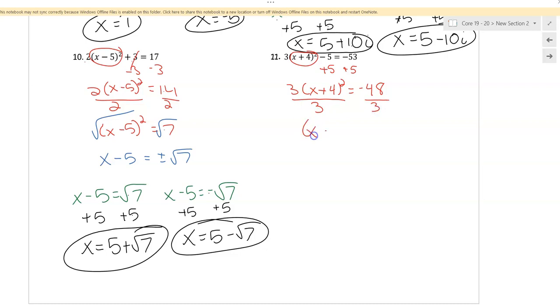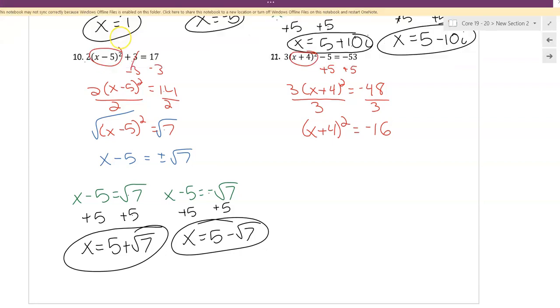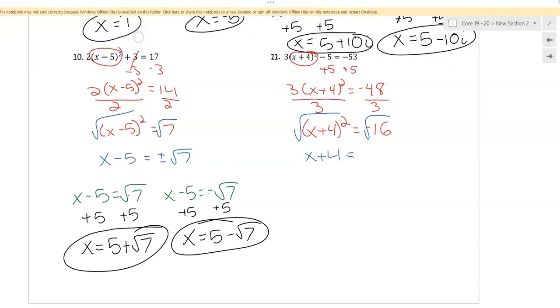That is x plus 4 squared equals negative 16. Now I can take the square root, and the square root of negative 16 is the same thing as the square root of 16 times the square root of negative 1.